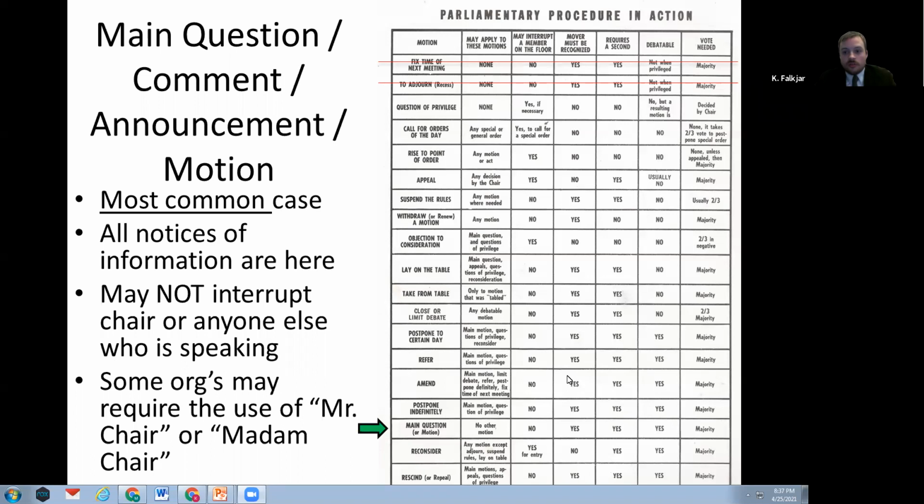That new prospective member will be escorted out of the room until the vote on the main motion is passed. And at that point, they would be allowed back into the room, either inducted into the club or not inducted.